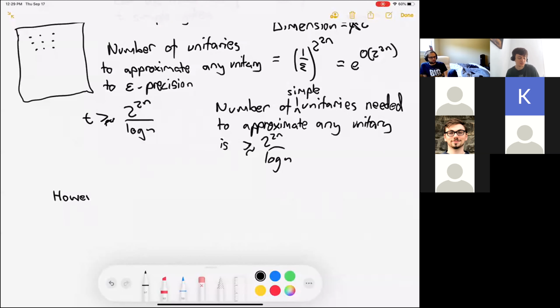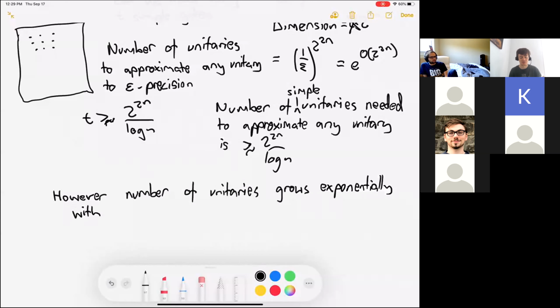However, the number of unitaries I can approximate grows exponentially with T. So if T is even slightly smaller than that, then almost all unitaries can't be approximated.